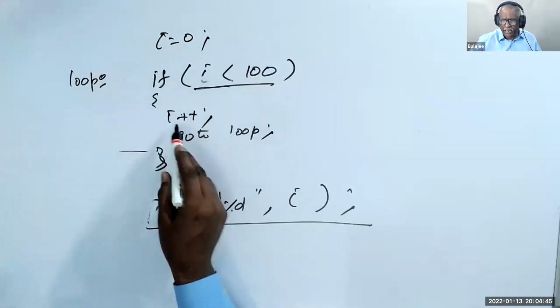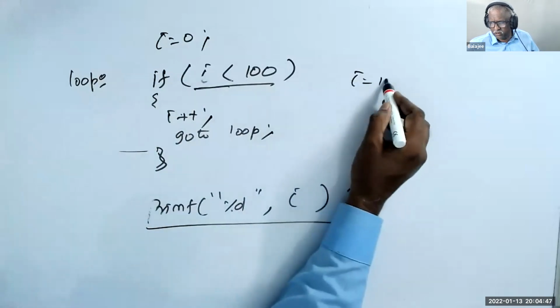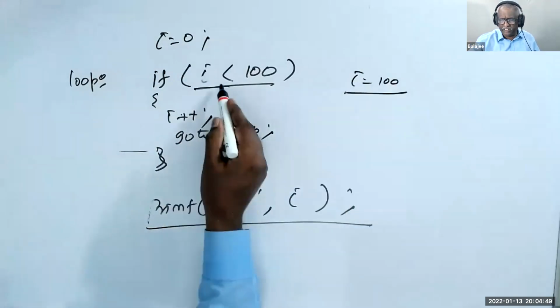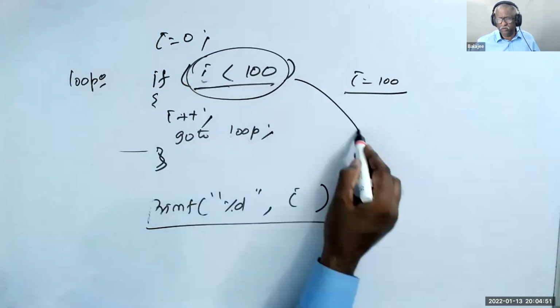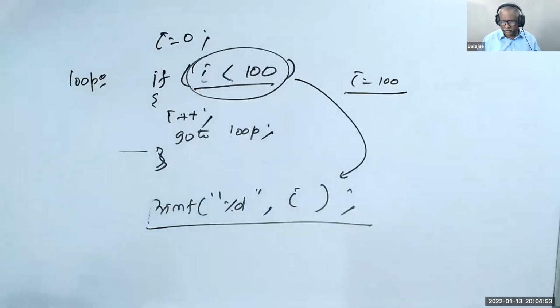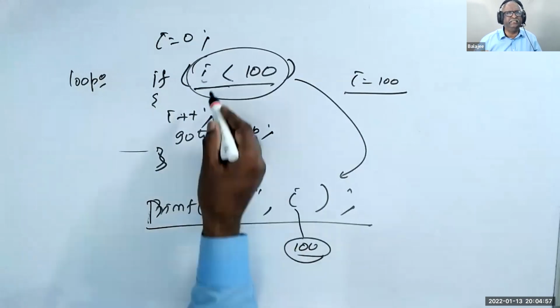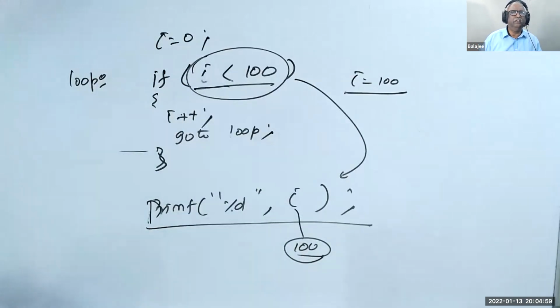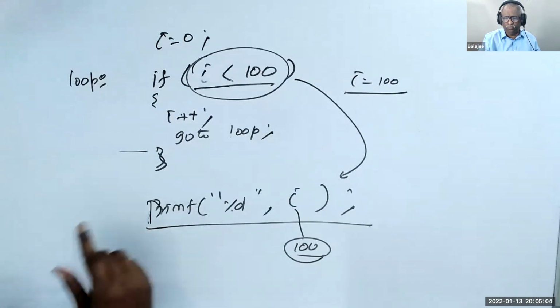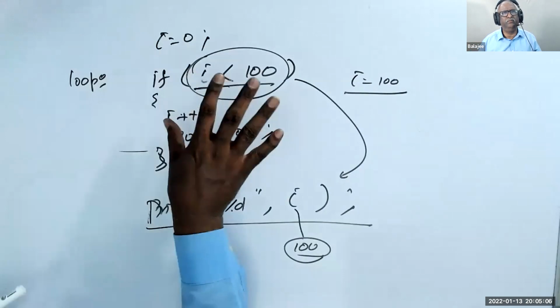The moment I reaches 100, this condition fails and it will come out. Now I know that it will print 100, because I see exactly my statement. So that is the advantage of using if in a loop. You know exactly what is happening.